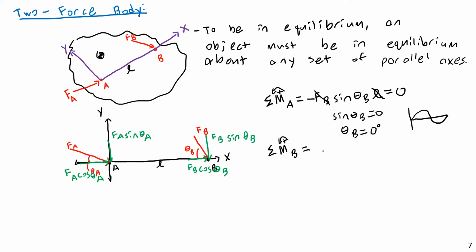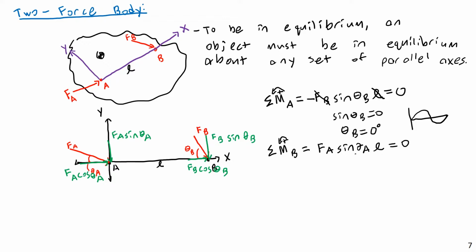If I do the summation of moments about point B, the only thing that will have a non-zero moment is the y component of force A. And that's going to be Fa times sine theta A times the moment arm length L. And this must equal 0.